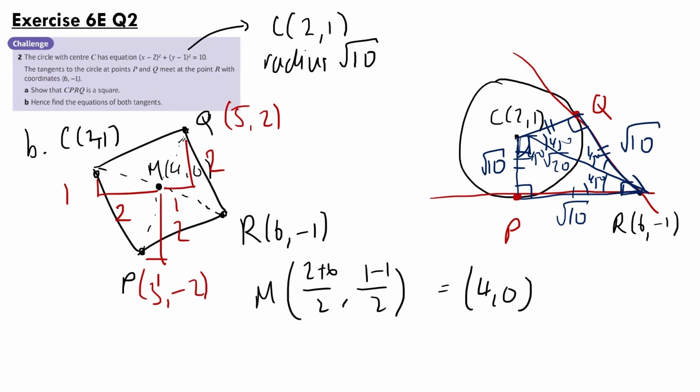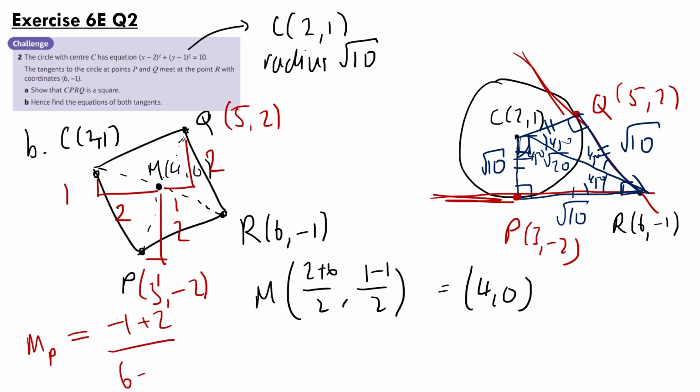So now we have 2 points on both tangents, so Q and R for the tangent here, and P and R for the tangent here. So finding the gradient of the tangent at P, our point P is (3, −2) and our point R is (6, −1). So the gradient is rise over run, so (−1 + 2) over (6 − 3), which is 1/3.